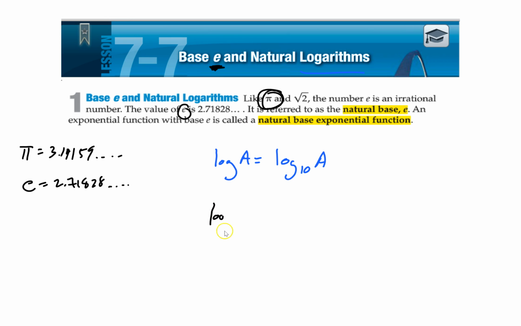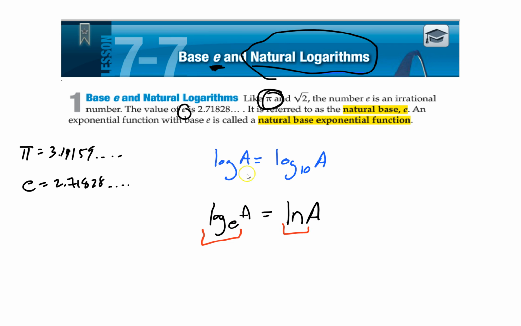A log with the base of e is the same thing as what we call the natural log. And the way we write that is ln, so ln a. So that's the natural log, right? So log base e is the same thing as ln. Just like how log base 10 is the same thing as just log without a base, right?